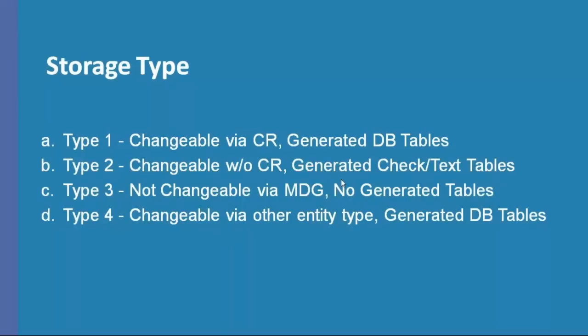So the first thing is, when I'm saying that a certain entity type is a type 1 entity, that means that entity type is the leading entity type. What is the meaning of leading entity type? That means without that entity type, the MDG framework cannot be built.